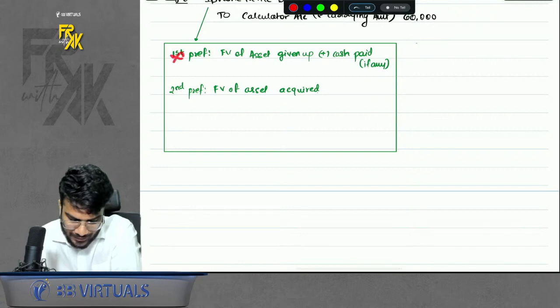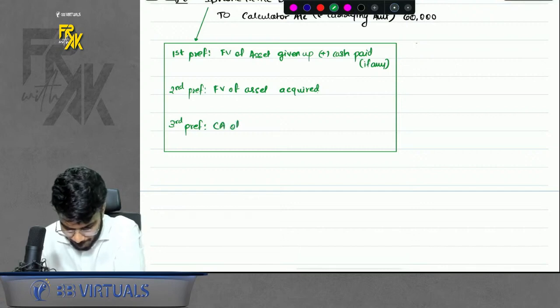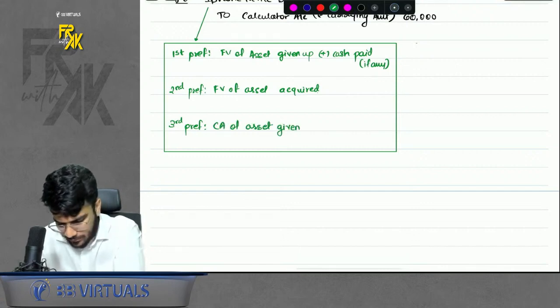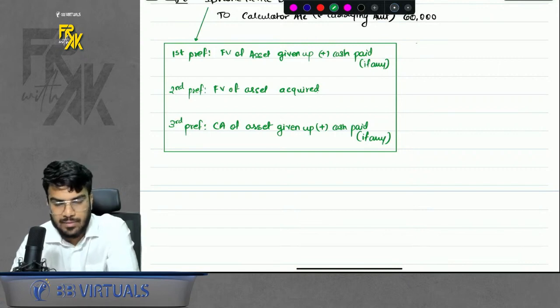If you don't have either of these, in that case, you will give the third preference to the carrying amount of asset given up plus cash paid if any.